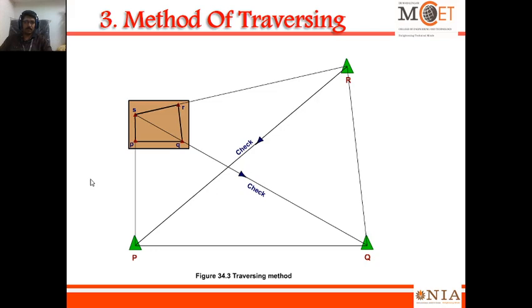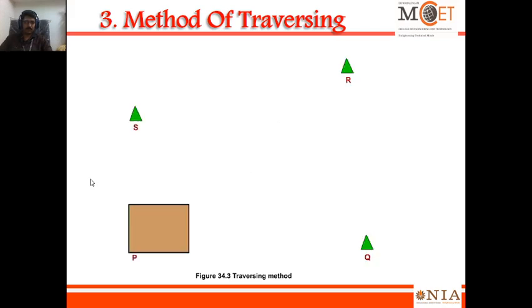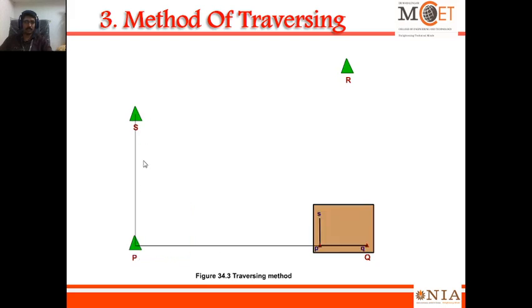Try to see this animation. The table is kept over P and marked as small p, the measured distance PQ is plotted, and towards S also it is oriented.